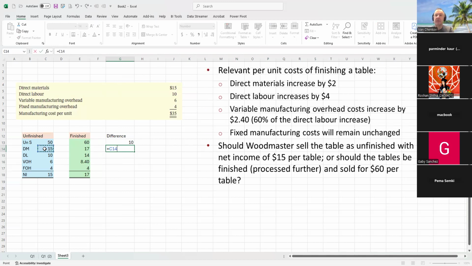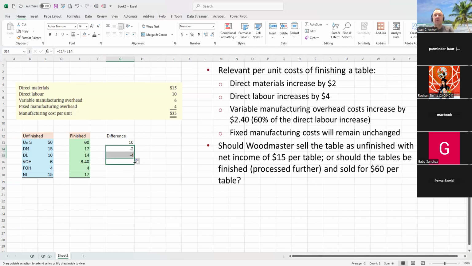Direct material, so I have to pay $2 more. I have to pay more on direct labor. On the variable overhead, $2.40 more. On the fixed cost, there are no changes. So in total, where am I going to be?